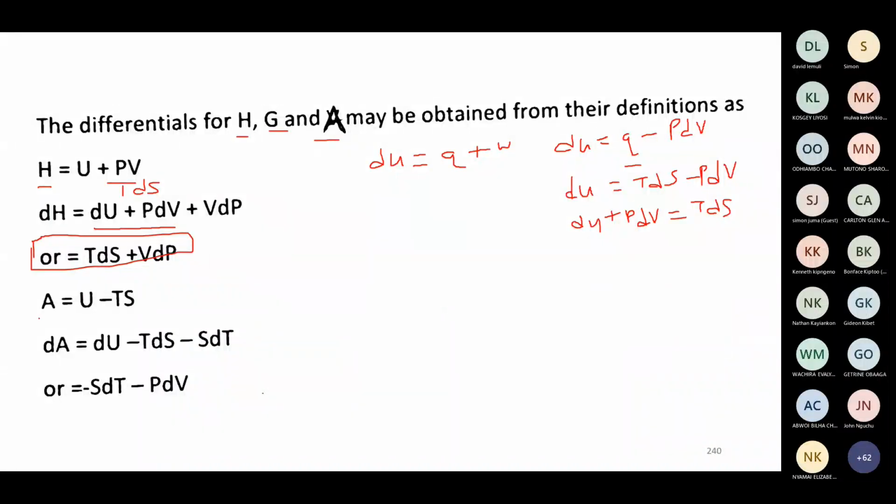So from this expression, A equals U minus TS. When you differentiate this, dA equals dU minus TdS minus SdT.